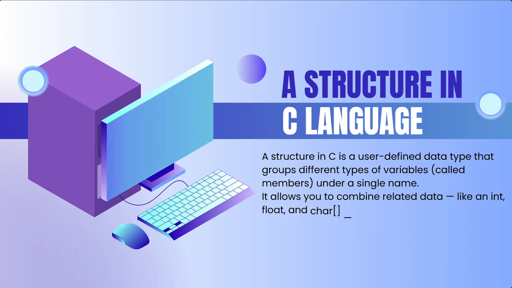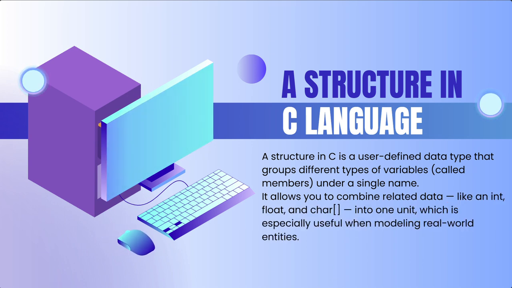A structure in C language. Okay, a structure in C is a user defined data type that groups different types of variables, called members, under a single name. It allows you to combine related data like an int, float and char into one unit, which is especially useful while modeling real world entities.